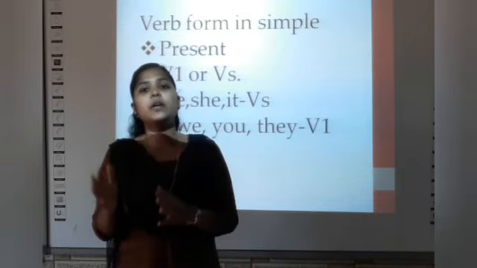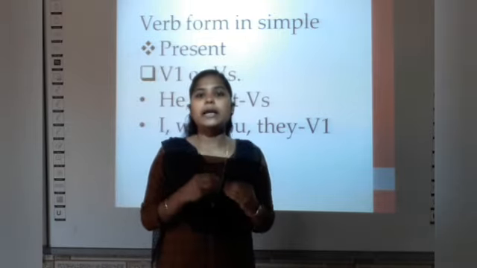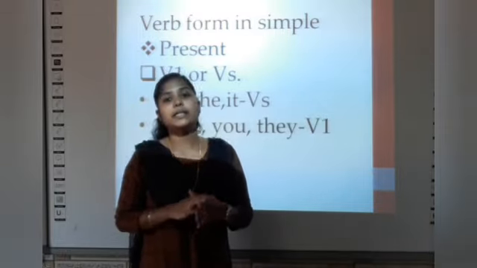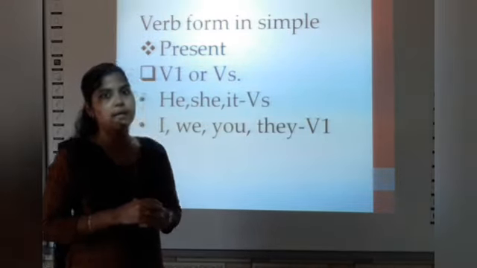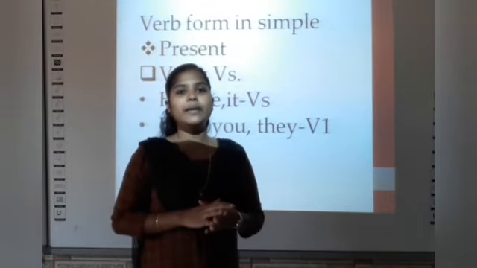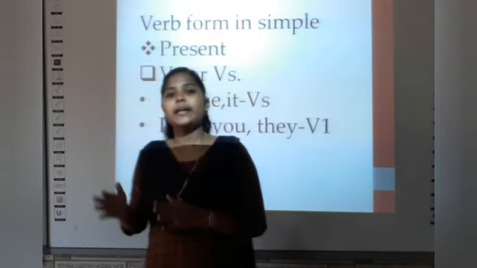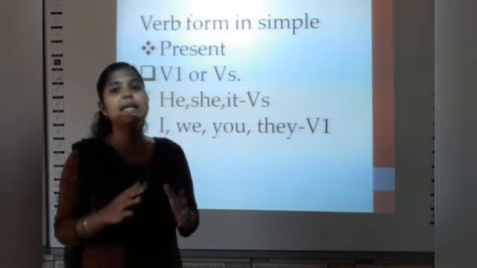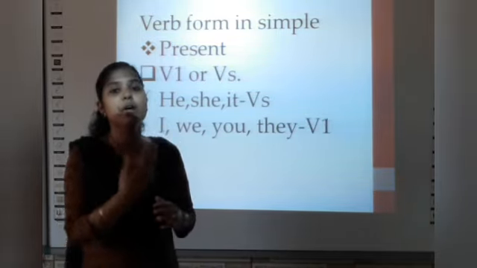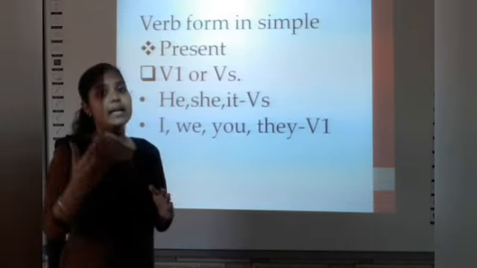Here comes the singular and plural. For first person, I, we, and for second person, you, the verb will be in the first form. But for the third person, he, she, it, these are singular forms and so the verb will be in the S form. Let's discuss about this in another class.